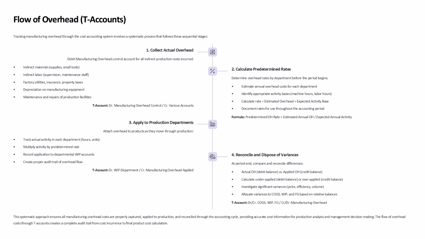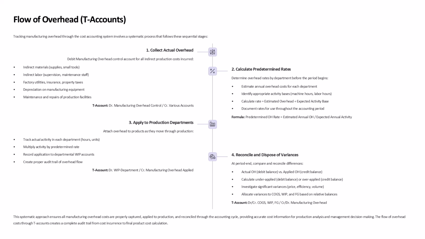The manufacturing overhead account still works as a clearing account, collecting actual overhead costs as debits and allocating applied overhead as credits. Modern manufacturers like 3M often use activity-based costing within their process costing system to achieve even more precise overhead allocation, recognizing that different products may consume overhead resources differently even in the same department.